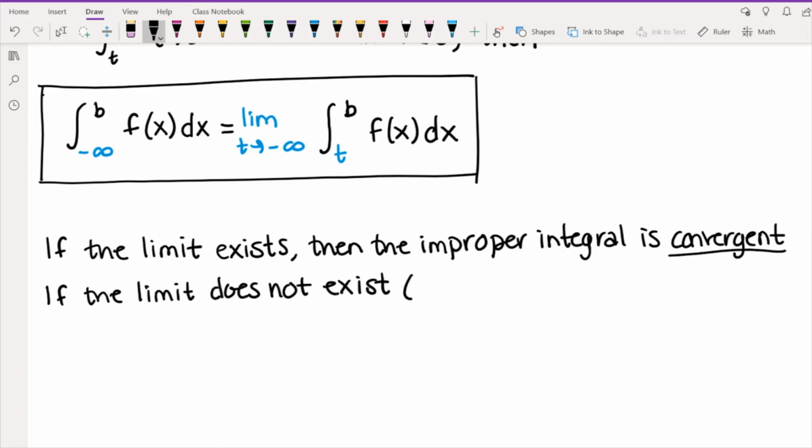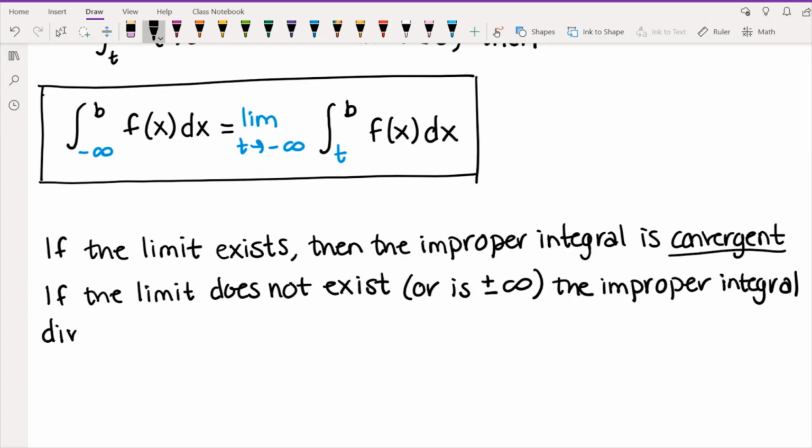But typically this happens when the limit is either equal to plus or minus infinity. So when you do your limit, if you get positive or negative infinity as your answer, you just say that the integral diverges.